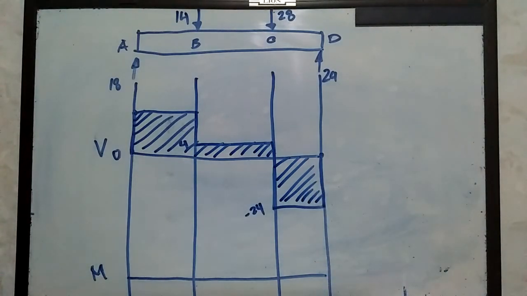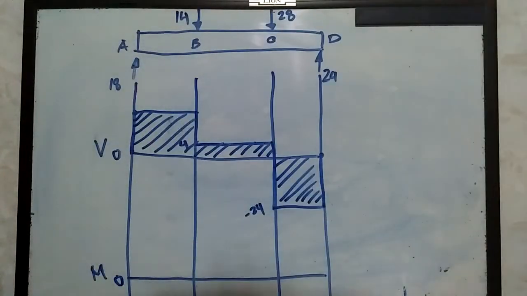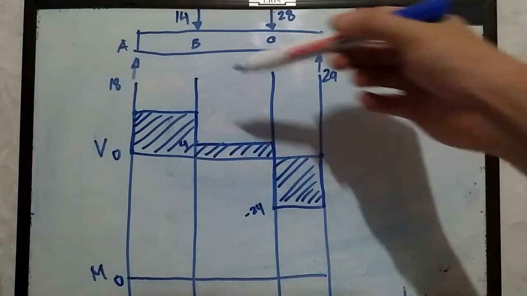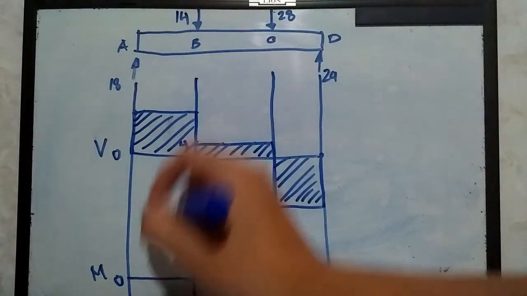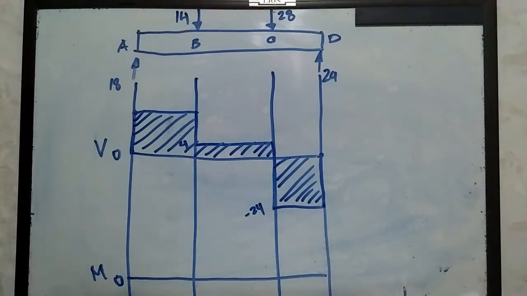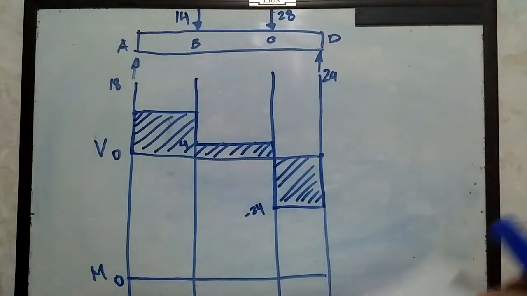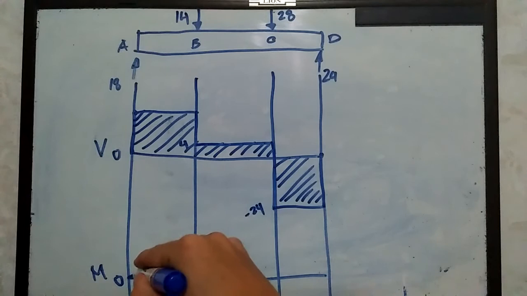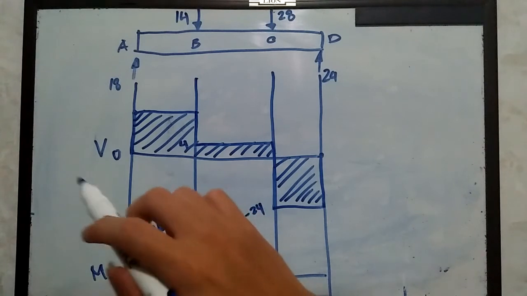And last but not the least, for the bending moment diagram, starting from 0, we managed to solve for the bending moment from A to B, which is 0 to 36 kilonewton meter. And take note that the formula for the bending moment from A to B is linear because it's not squared or cubed, so it should be straight. So it goes up, this is 36 kilonewton meter.